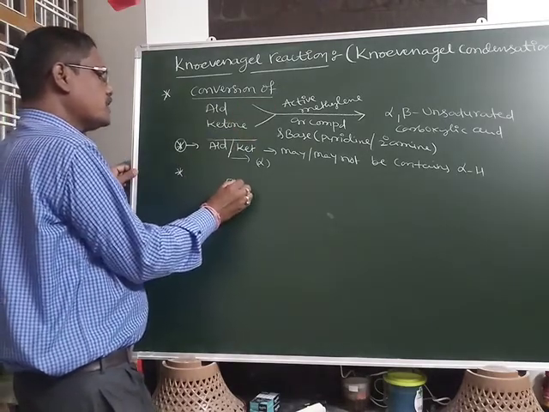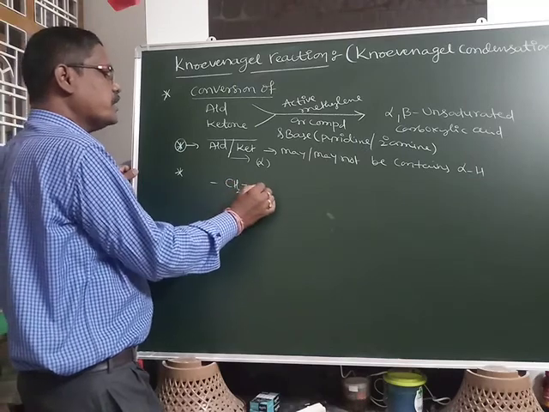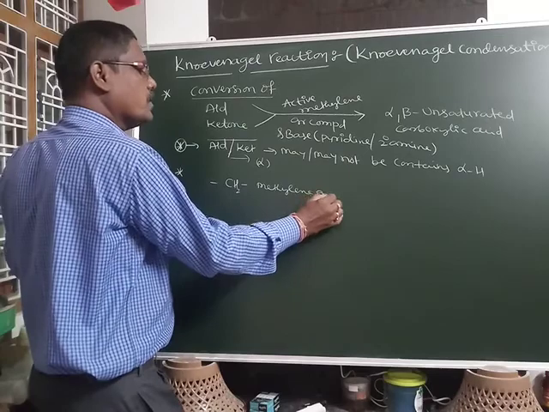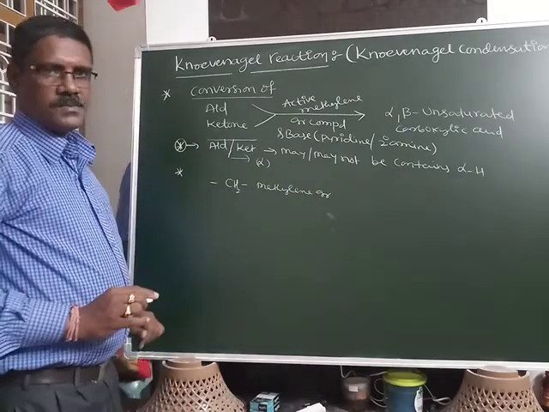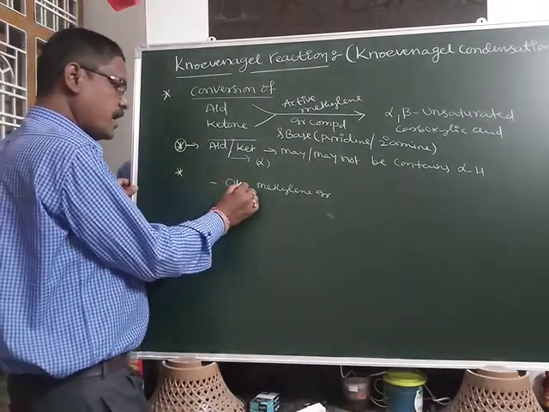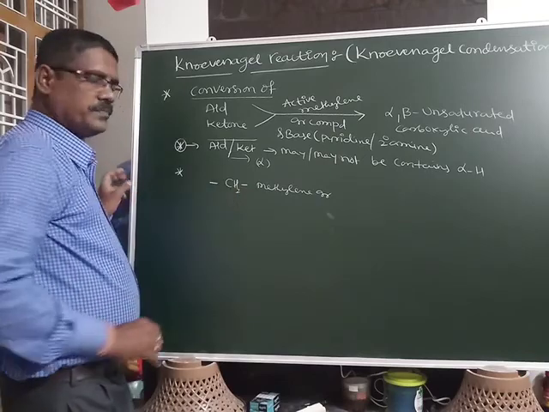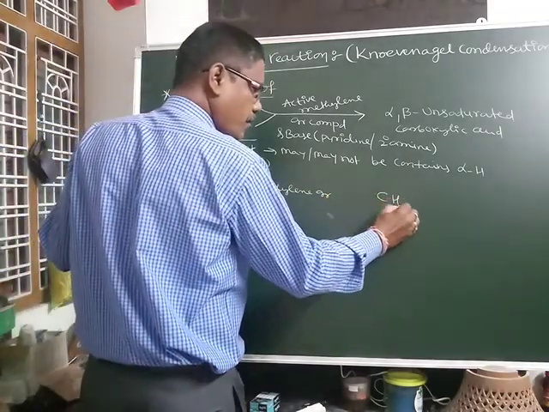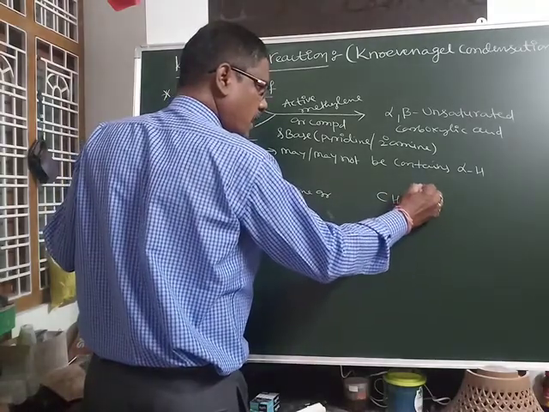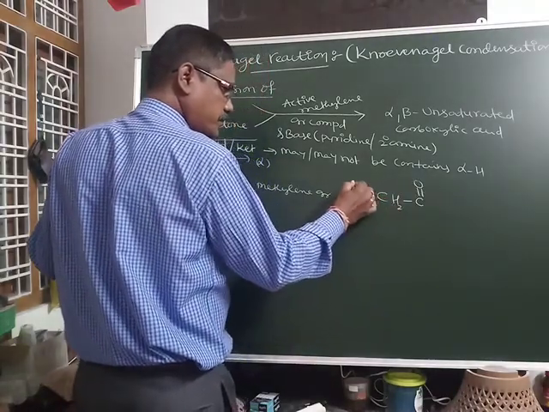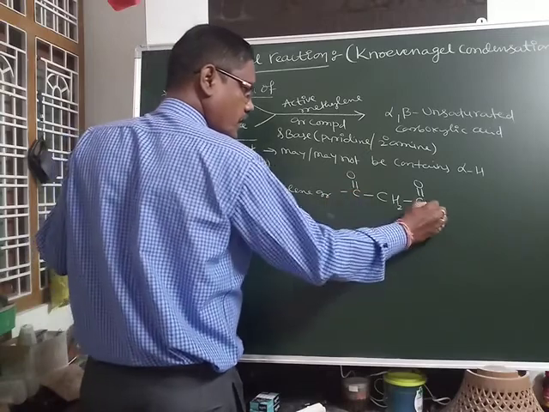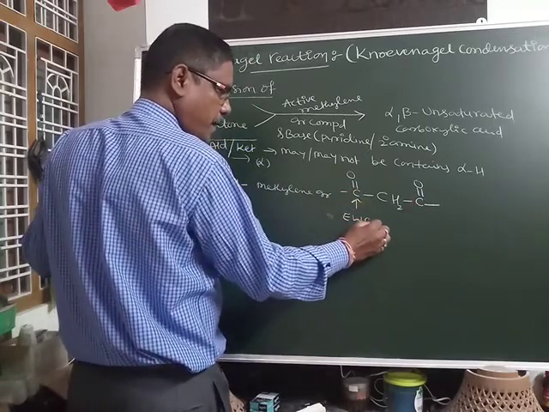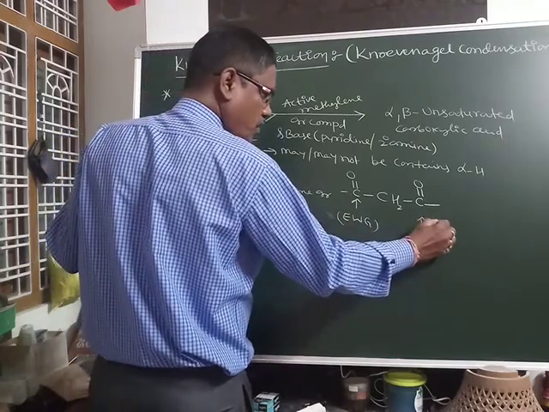This CH2 group is called as methylene group, a bivalent group. If the methylene group is bonded with electron withdrawing groups, this is an electron withdrawing group, this is also an electron withdrawing group.